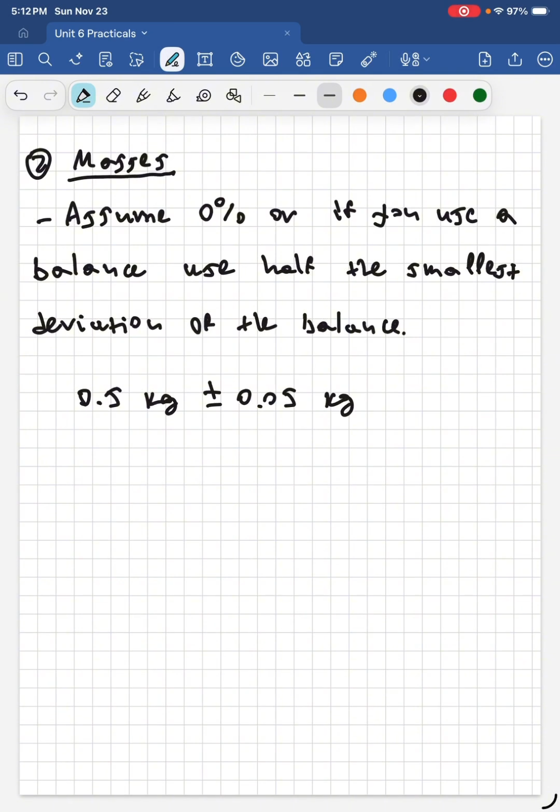All right, 3, and perhaps most important is the uncertainty in delta t, the time that the force was acting. We take this from the stop clock.